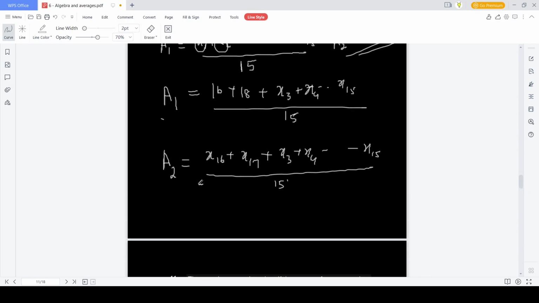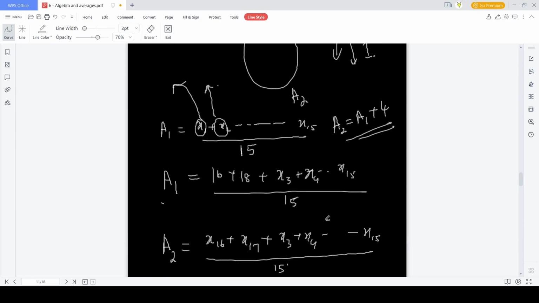Oh, this is going to get a little messy. Fine, A1 plus 4 is equal to A2, that is x16 plus x17 plus x3, x4, x5, so on up to x15, divided by 15. Now A1 I have to substitute back.